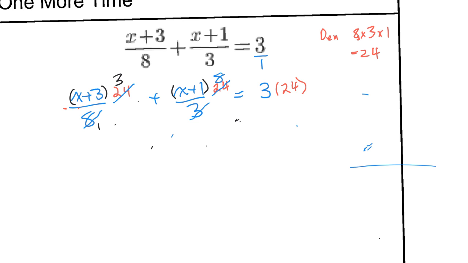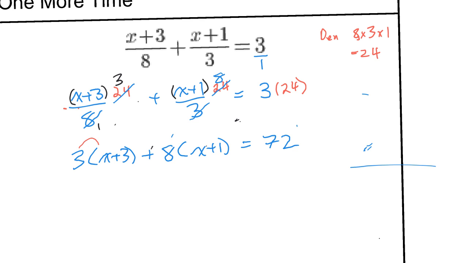Okay? And now we can rewrite this whole thing as 3 times (x plus 3) plus 8 times (x plus 1) is equal to 3 times 24, which is 72. So now we're back to what we were doing in the past unit.